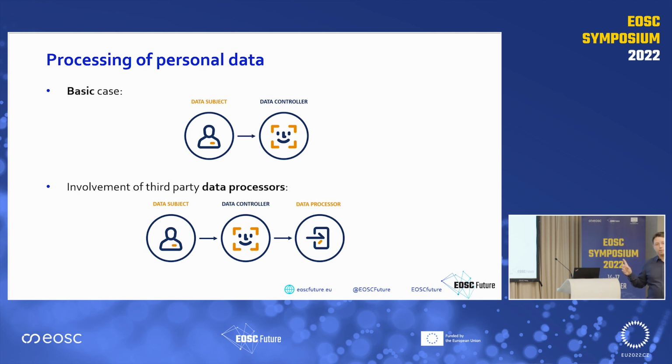And the interesting thing is that GDPR says, from the point of view of the data subject, we all have a single point of contact when it's about the processing of our data, namely the controller. We do not need to care about the processors because the controller is responsible. He is in charge.